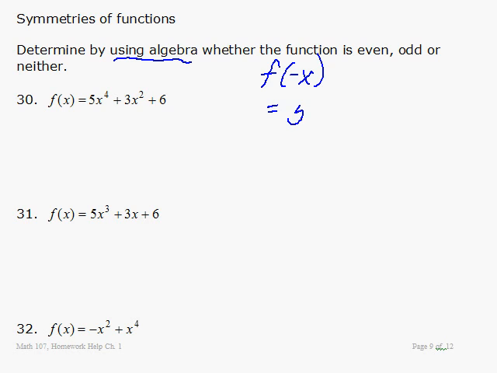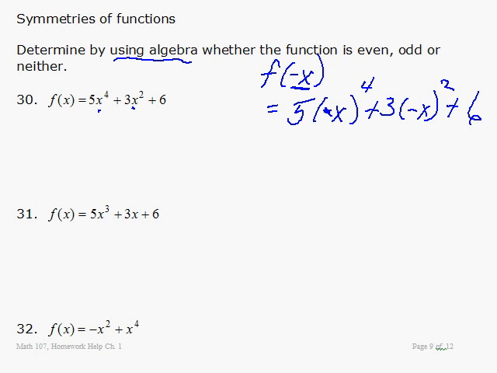So in this case, there's a negative x to the 4th plus 3 times negative x squared plus 6. So you substitute it in. Try to clean that up a little bit. Minus x goes wherever these x's are. Using parentheses, then work it out.